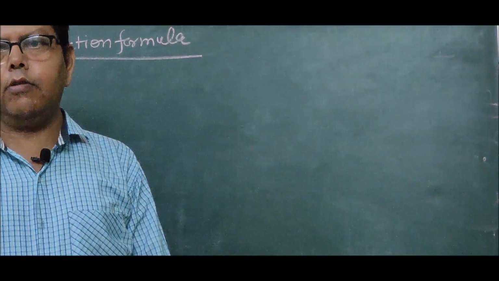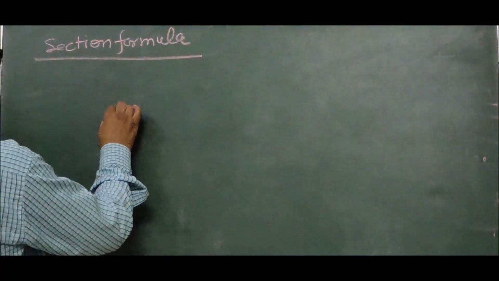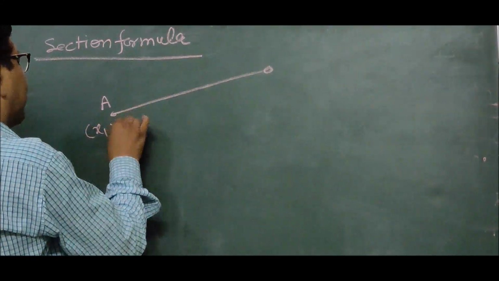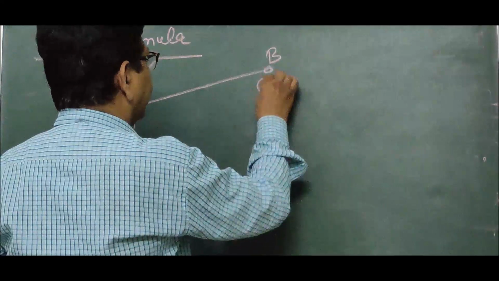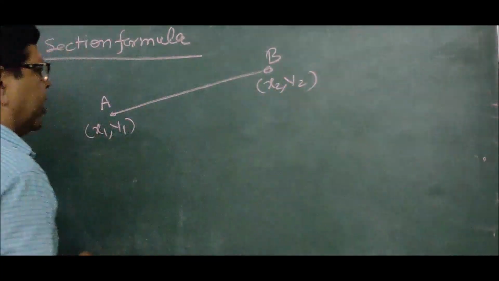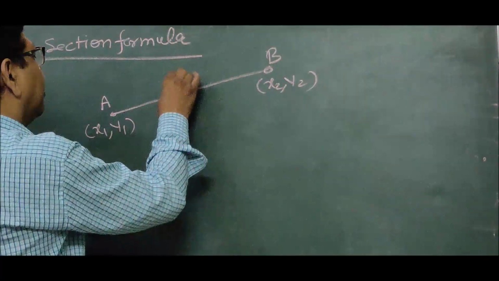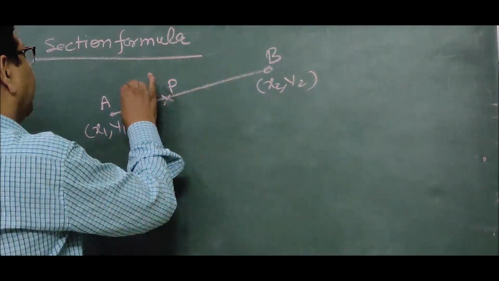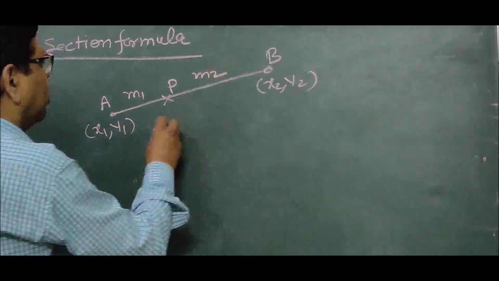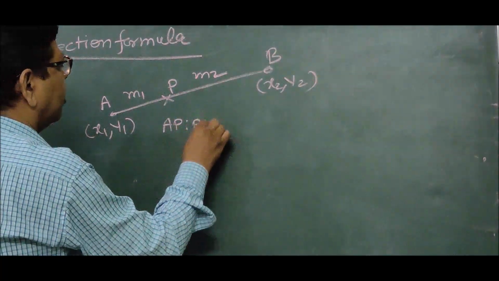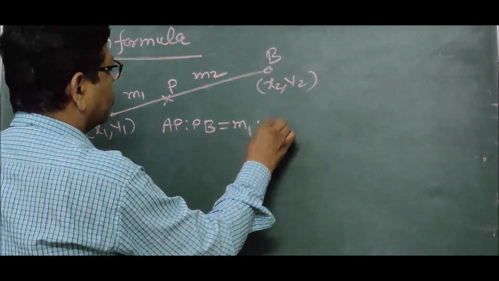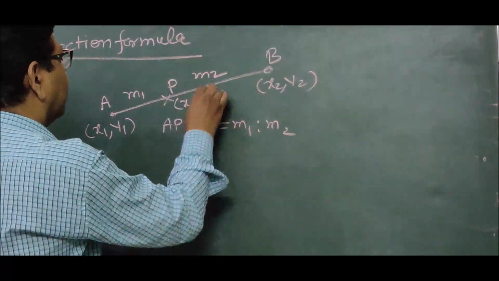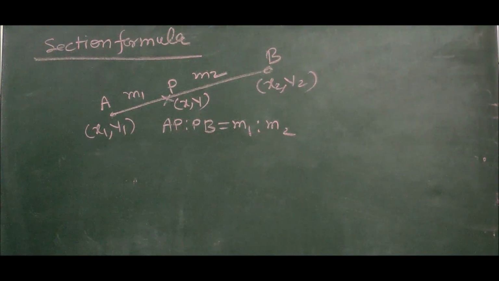Next topic, section formula. If we know the coordinates of 2 points A and B, x1, y1 and x2, y2, and a point P lies between A and B, that is, the point P divides AB internally in the ratio m1 is to m2, that is, AP is to PB is equal to m1 ratio m2, then how do we find the coordinates of point P? Let the coordinates of point P be x, y.